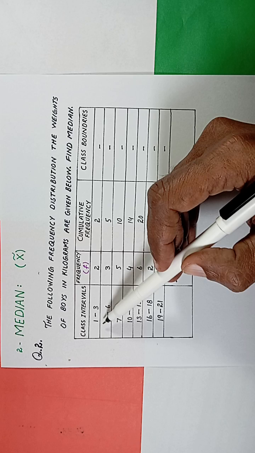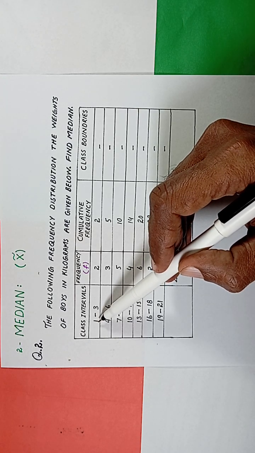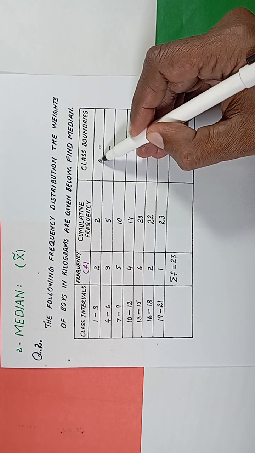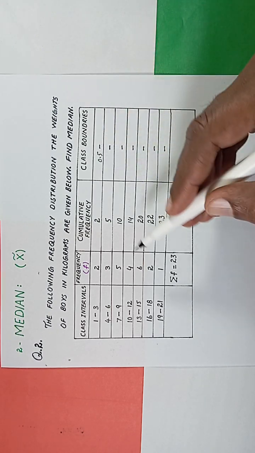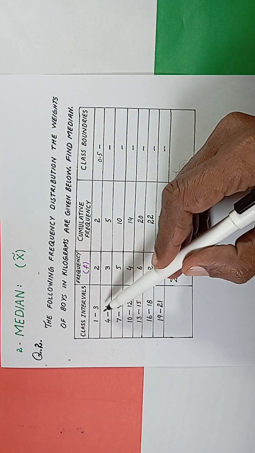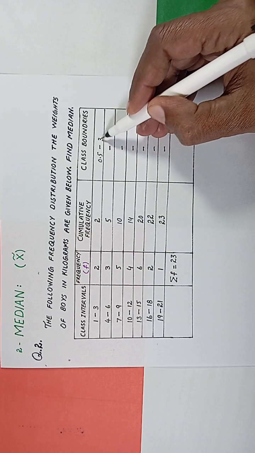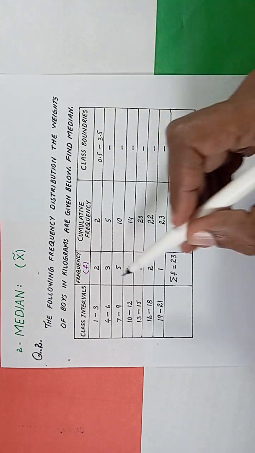So here we go. We subtract 0.5 from 1 and we get 0.5, and we add 0.5 in 3 and we get 3.5.